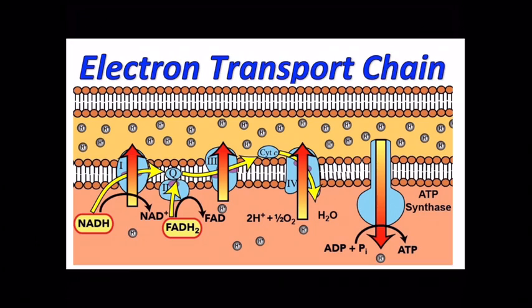In this slide, we see 1, 2, 3, 4 larger blue globs, and then a fifth one that is shaped like something you might see in a chemistry lab. Those 1, 2, 3, 4 blue globs are proteins, numbered with Roman numerals I, II, III, and IV.